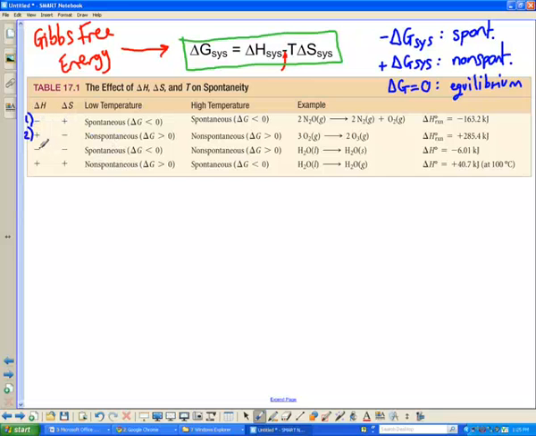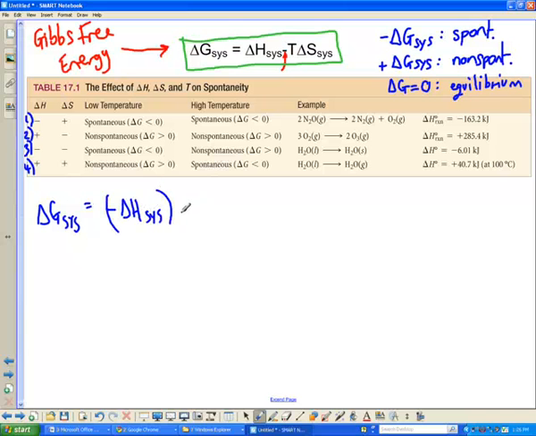But when we get to the last two, 3 and 4 here, what we find is that the signs for the delta H and delta S give opposite signs here. If we have an exothermic reaction with a decrease in entropy, for example, and we have a negative value for our delta H. All right, I'm going to say that's one piece here.